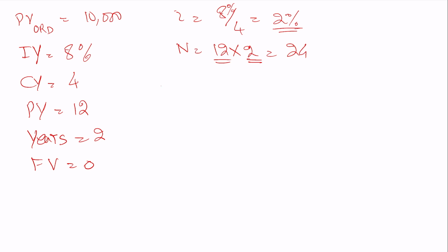So what we have to calculate is PMT with the present value 10,000.